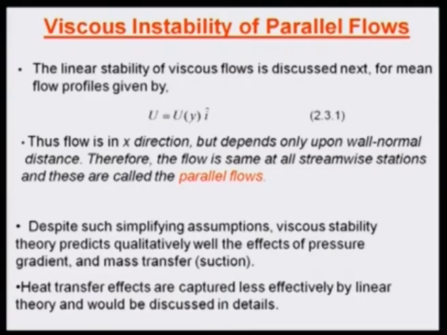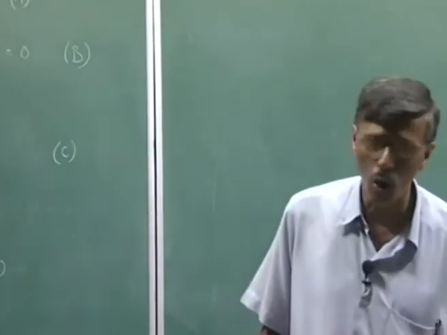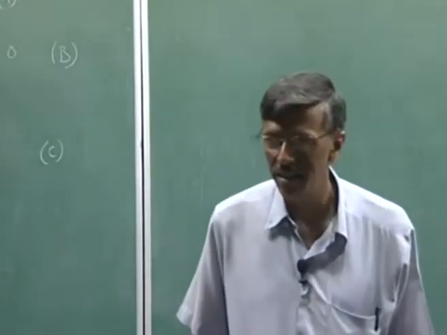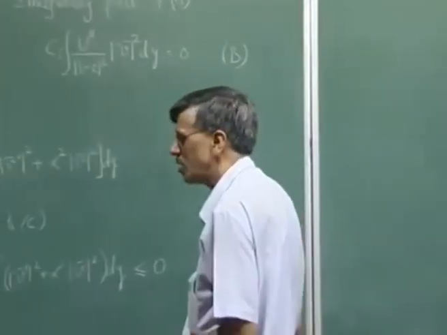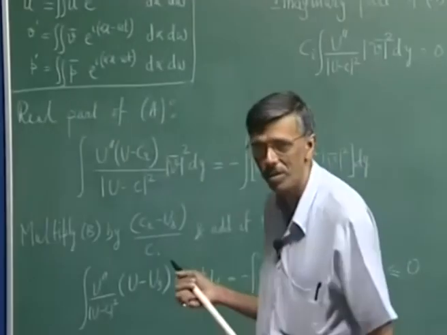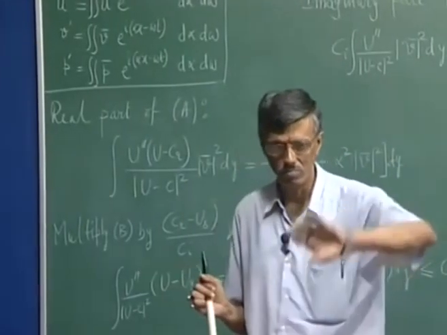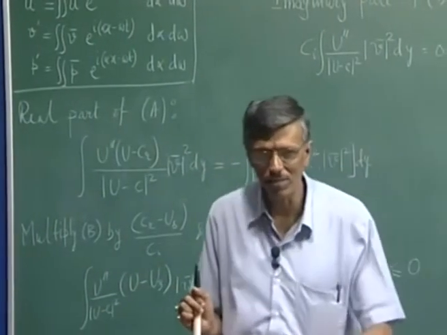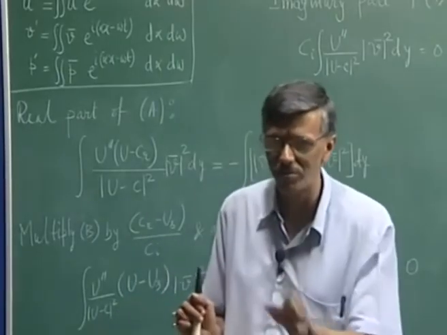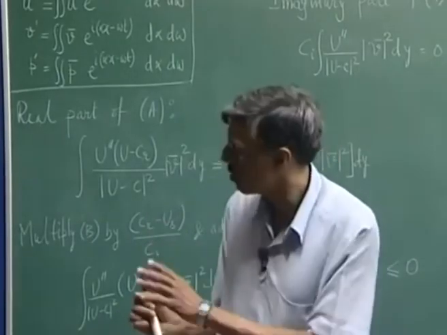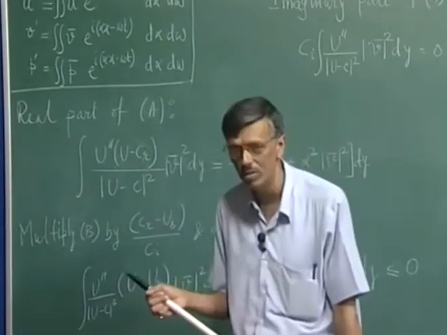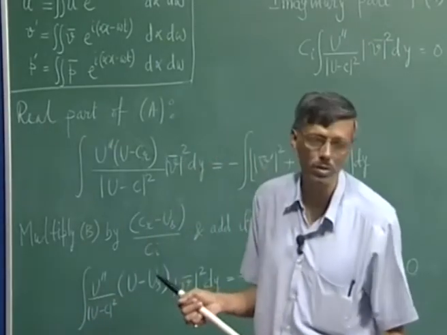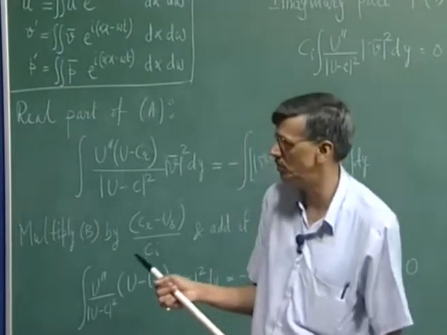Viscous instability equations were first written down by Orr in Ireland and Sommerfeld in Germany. The corresponding equation is called the Orr-Sommerfeld equation, which is different from Rayleigh's equation. Rayleigh's equation talks about inviscid instability. The corresponding viscous instability governing equation is called the Orr-Sommerfeld equation, and that is what we are going to discuss now.